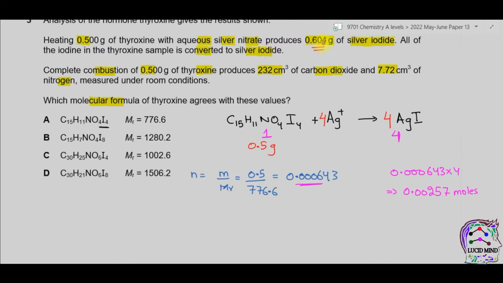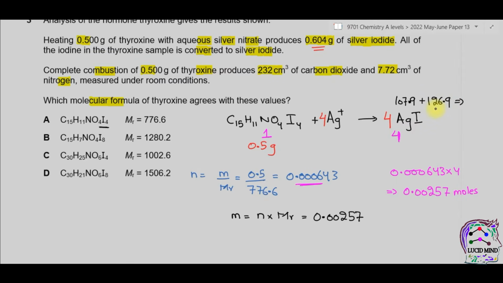Let's find out if the mass is correct. We can now convert these moles back into mass by using the formula: mass in grams equals moles times Mr. We have moles 0.00257. Now finding the molecular mass of silver iodide. Silver is equal to 107.9, while iodine is equal to 126.9.